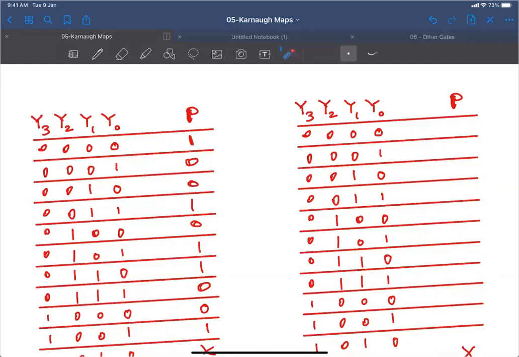Yes. What about 0, 1, 1, 1? Does it make sense that the parity bit is 0? Yes. Is anyone challenged by the calculation of the parity bit? Remember, it's an odd parity bit. Please be honest and tell me so that I can explain it. Otherwise, I will assume that you understand.